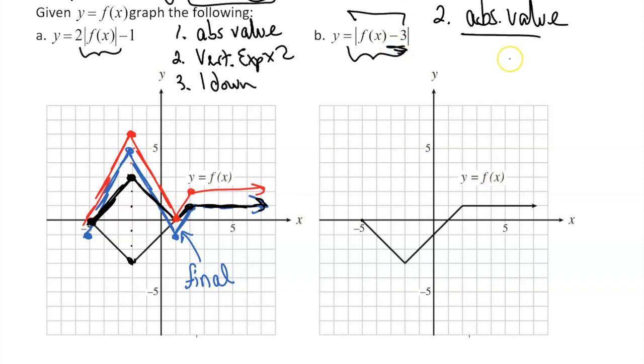If you want to see a counter example, if you had something like y equals the absolute value of f of x, subtract 3, this would mean that you would first take its absolute value, and then you could go 3 down after that. That's not the example we're looking at, so we will pause that right there, and let's go down 3.